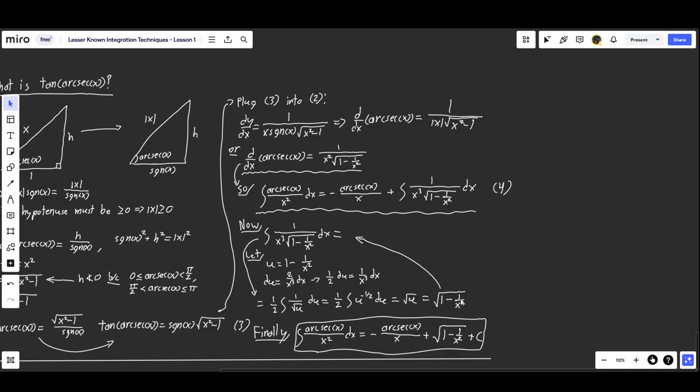And finally, with this result, plugging it back into our integration by parts result, we can see that the indefinite integral of arcsecant of x over x squared with respect to x is equal to negative arcsecant of x over x plus the square root of 1 minus 1 over x squared plus the constant of integration c.